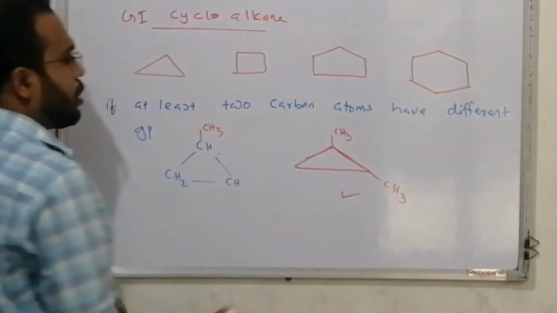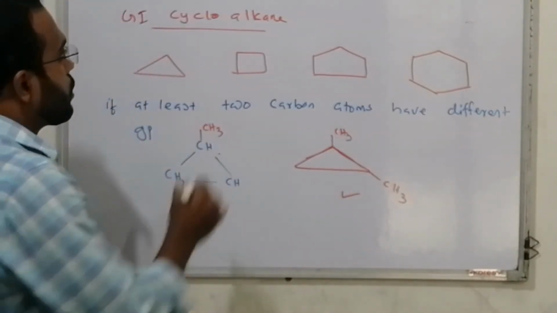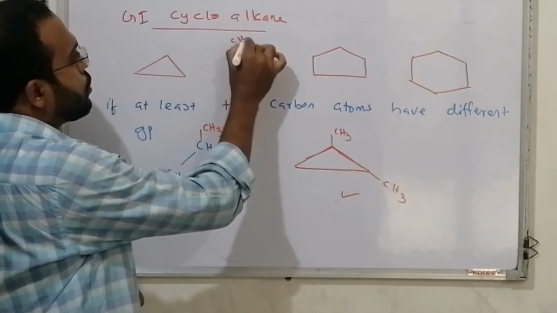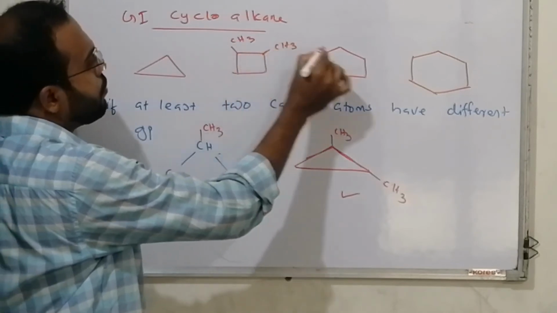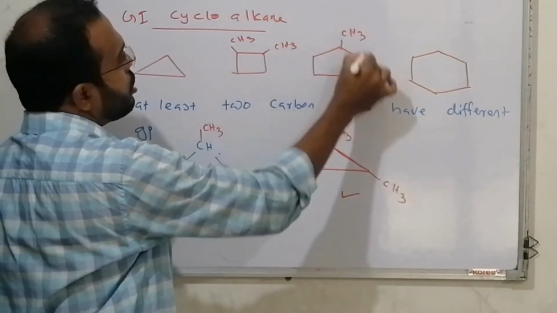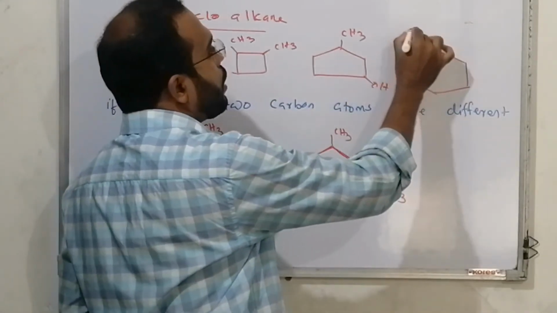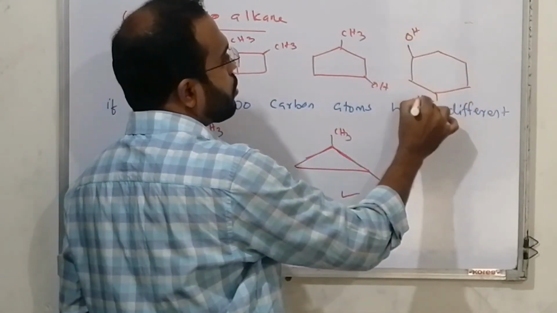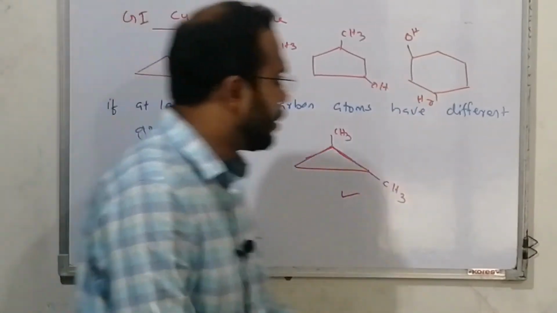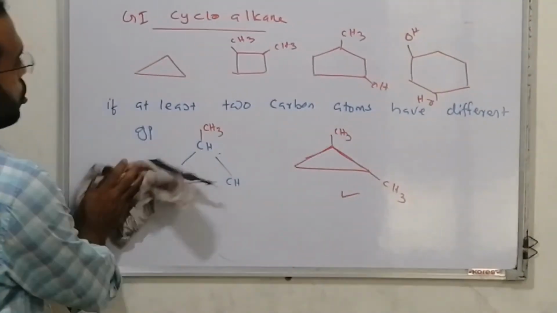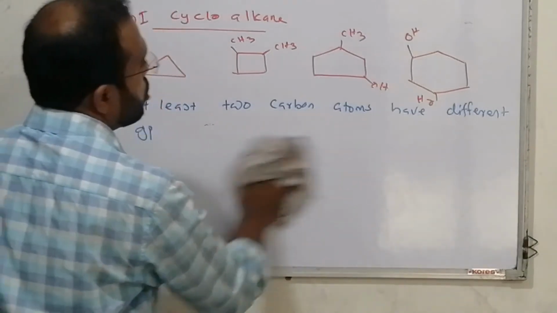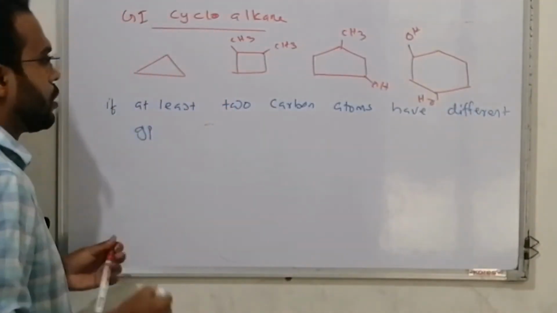Now it shows the geometrical isomerism. At least two. Therefore, this and this show geometrical isomerism. This and this show geometrical isomerism. This and this show geometrical isomerism. At least two. Okay. Therefore, cycloalkane will show the geometrical isomerism if at least two carbon atoms have different groups.